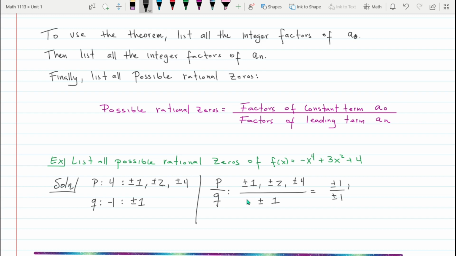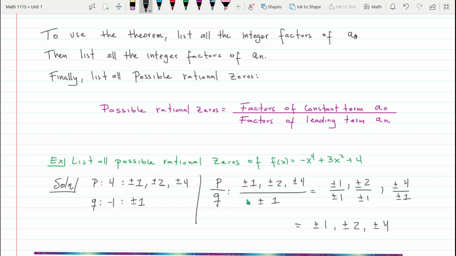So we'll do it just for purposes of showing the example, but you don't have to do it like this whenever there's a 1 in the denominator, because it's understood that you don't have to put a 1 in the denominator. So the list of possible rational zeros is going to be this: plus or minus 1, plus or minus 2, and plus or minus 4.